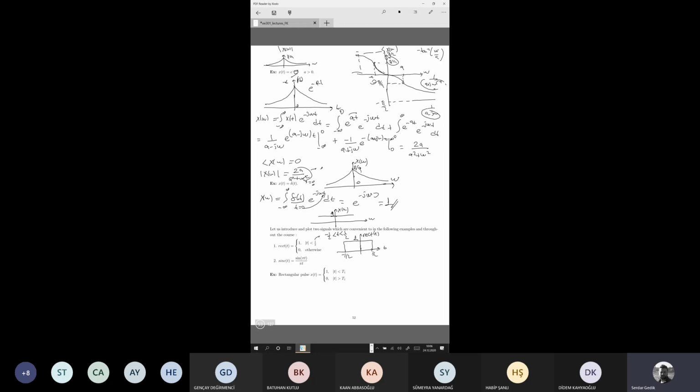In between minus 1 over 2 and 1 over 2, my rect(t) signal is nothing but 1, and it is 0 otherwise. So this was the easy version. What about sinc? Sinc is defined as sine(pi t) over pi t.